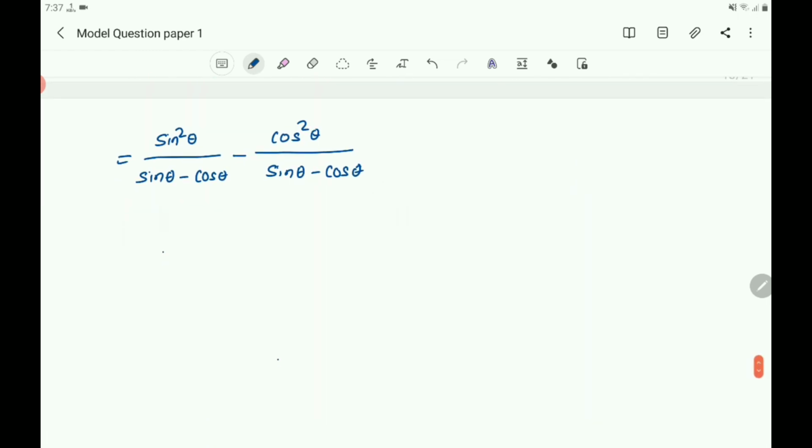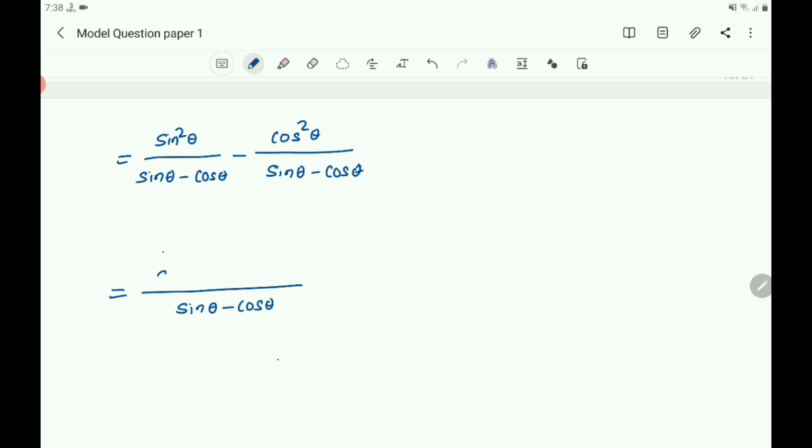That equals, so we write sin theta and sin theta, here the denominators are same, so that becomes the LCM. So you write that is sin theta minus cos theta.